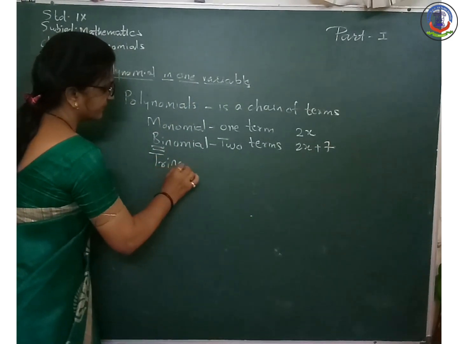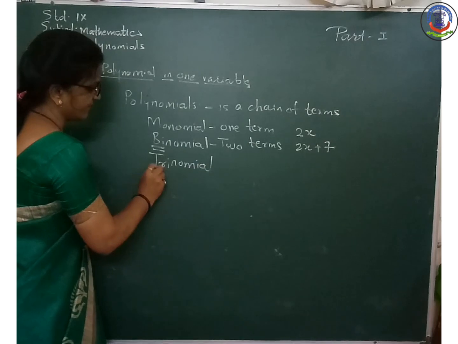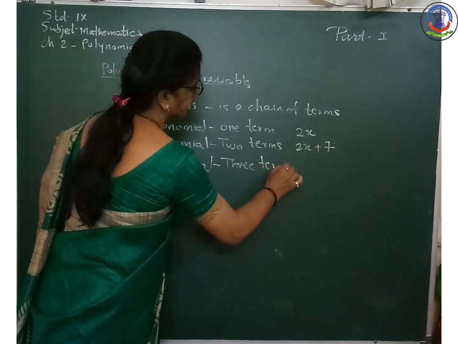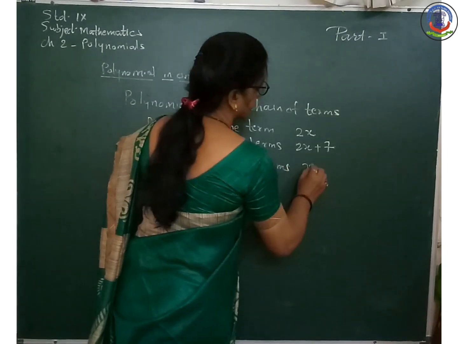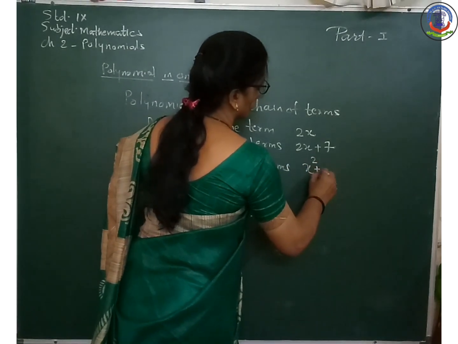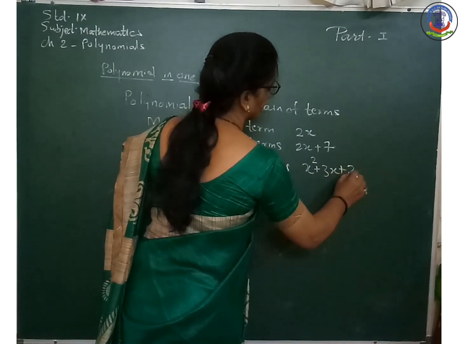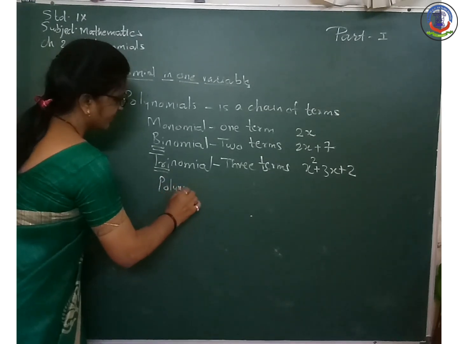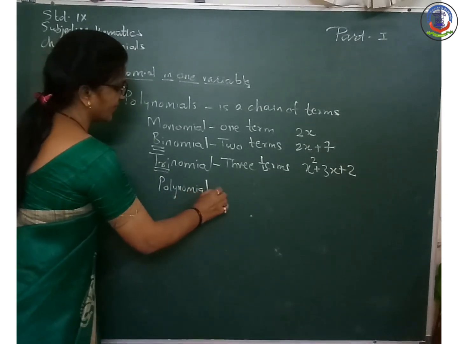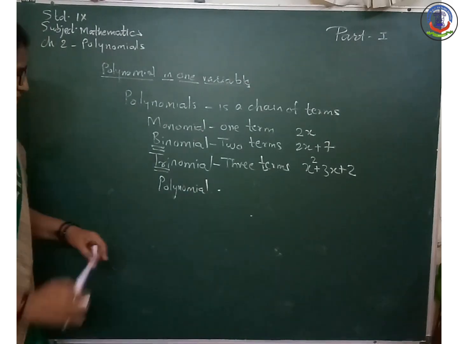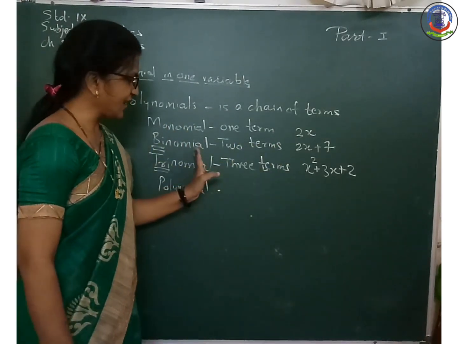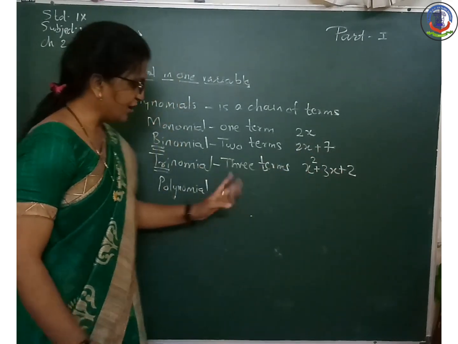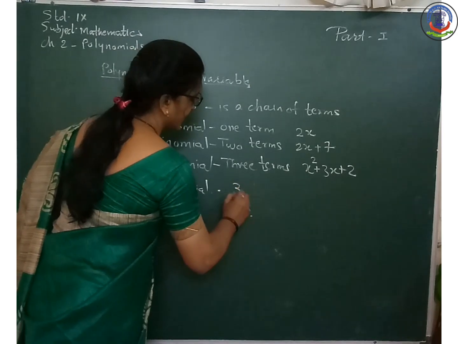Trinomial has three terms. And polynomial has more than three terms. Monomial means only one term, binomial two terms, like 2x plus 7, and a trinomial has three terms: first, second and third.